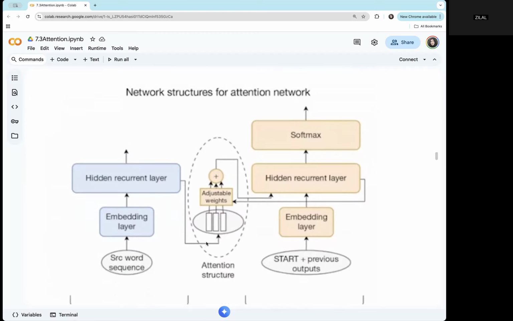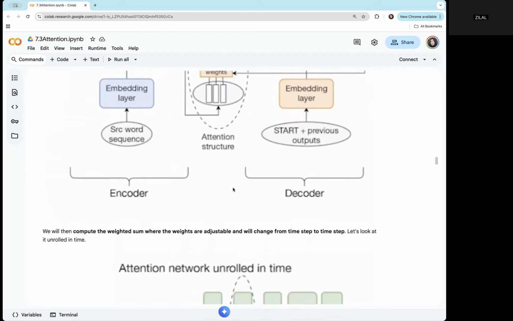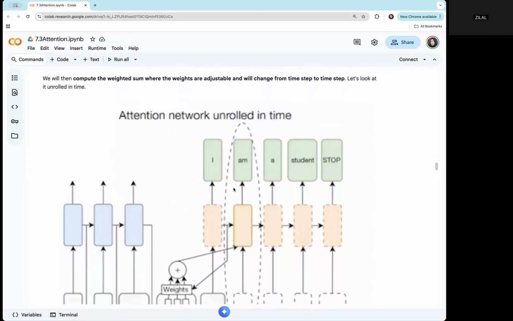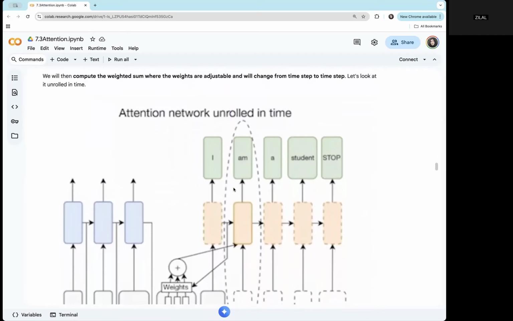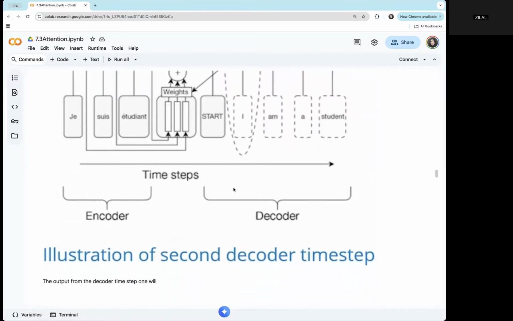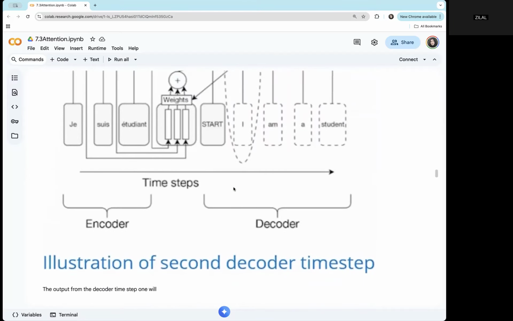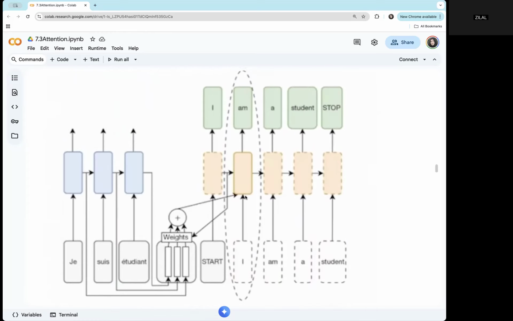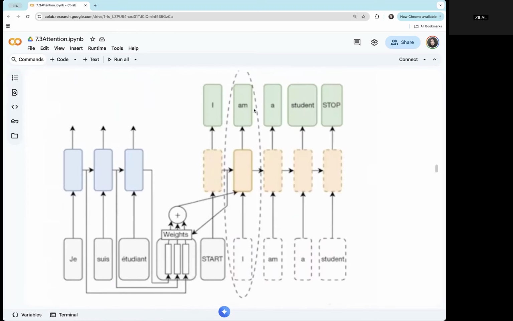We will then compute the weighted sum where the weights are adjustable and will change from time step to time step. Let's look at the unroll in time. So this is the illustration of the second decoder time step with the word am.